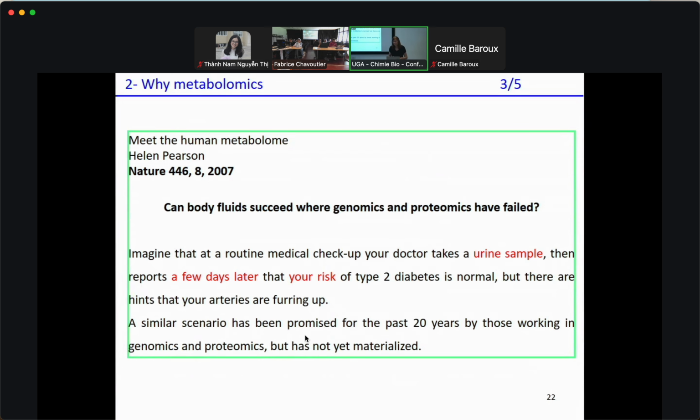I will show you how it works. It's a little bit complex. This is multivariate statistics, but this is the basics of the omics, also for proteomics and genomics. So we use multivariate statistics to build what we call a metabolic profile or a metabolic fingerprint, which is characteristic of a given state, so pathological or healthy.